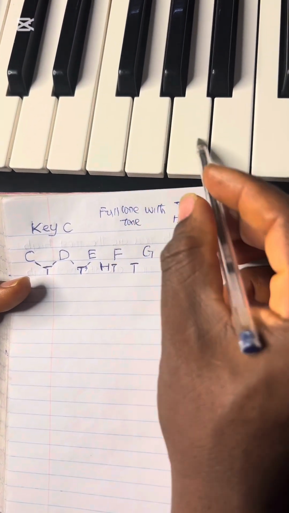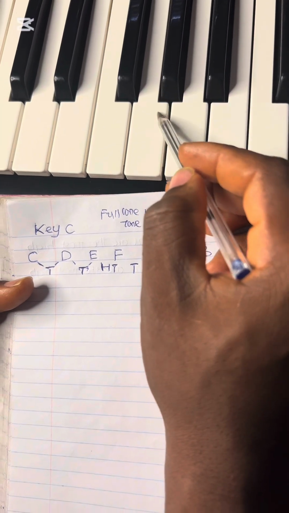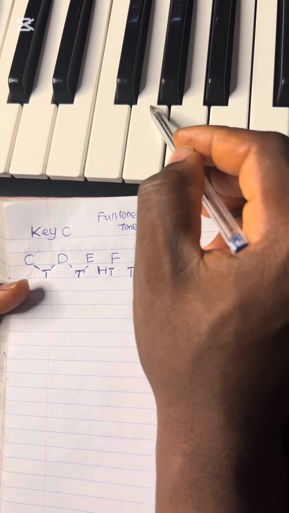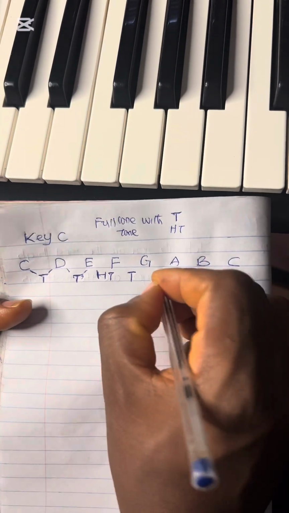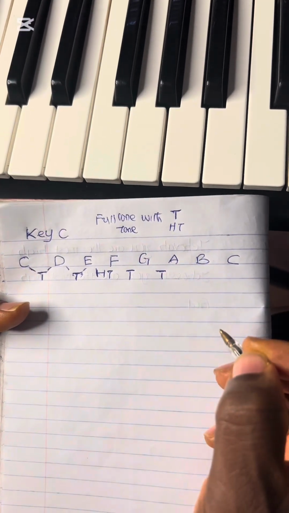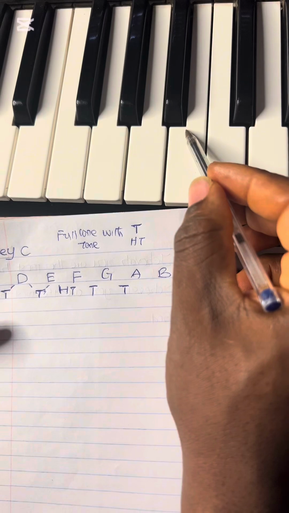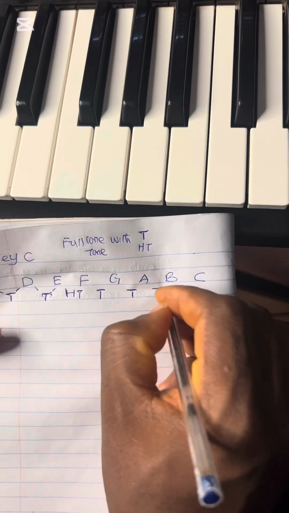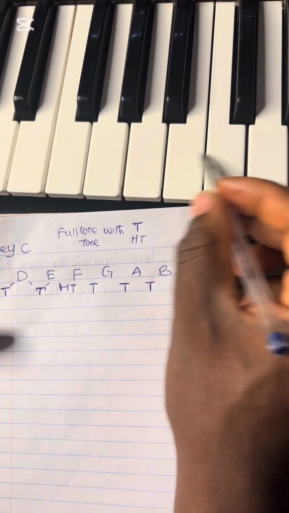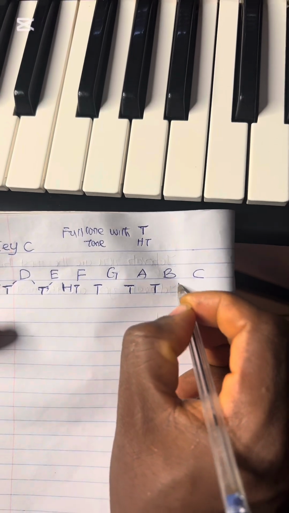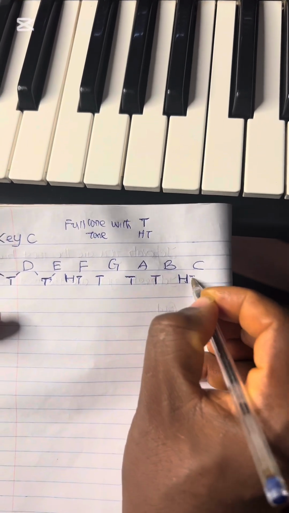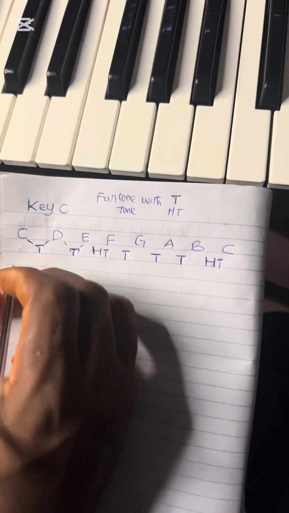From G to A, we are jumping one, so we're having a full tone movement presented by T. From A to B, we are jumping one, it's a full tone movement. From B to C, we are not jumping, it's a half tone movement.